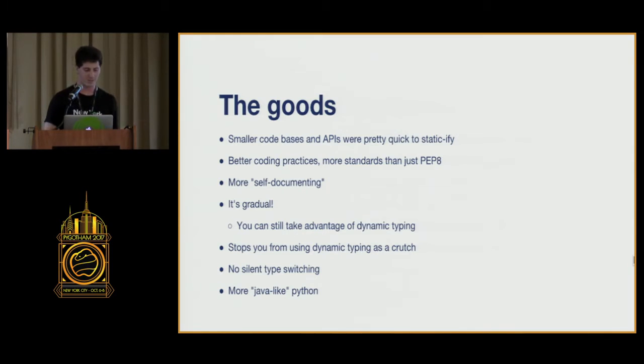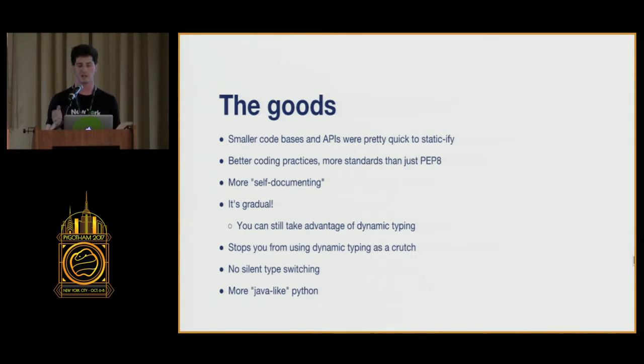However, what I also found is that MyPy will force you to stop using dynamic typing as a crutch. I found that in a lot of code bases, especially my own, I pass around loosely documented dictionaries, like, oh, get this out of there and put this in there. And that's how we use dynamic typing as a crutch in Python, right?